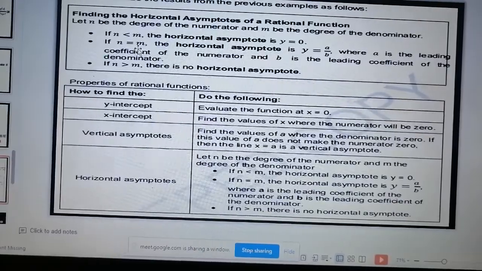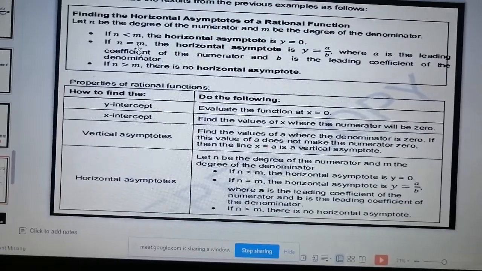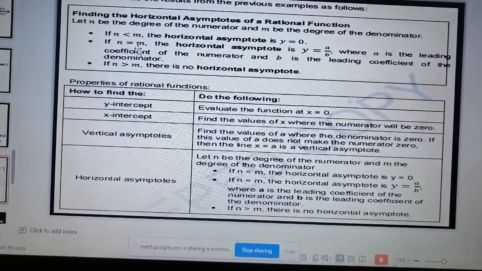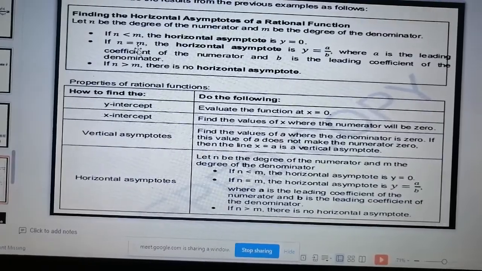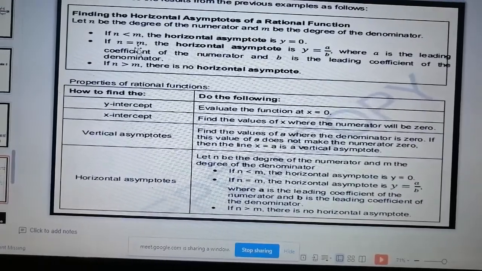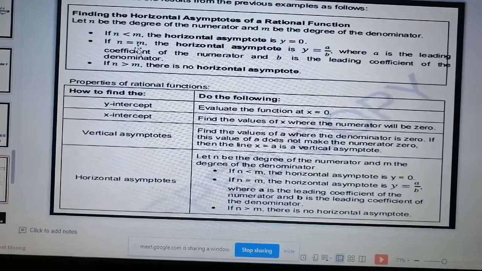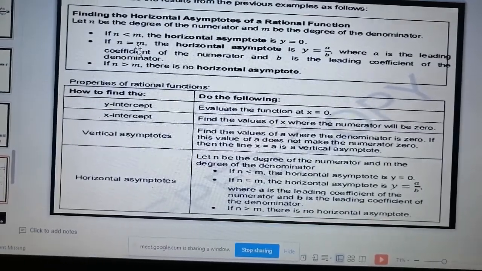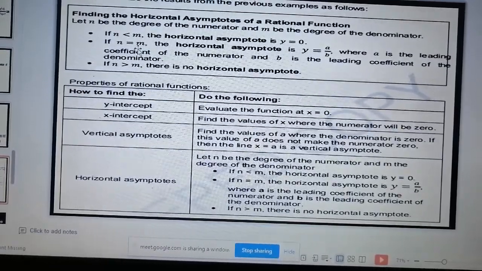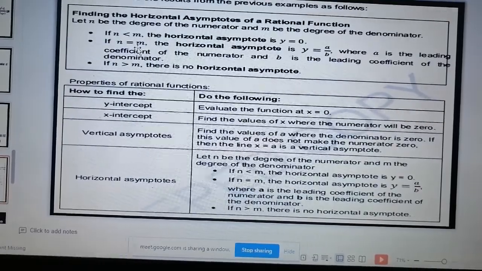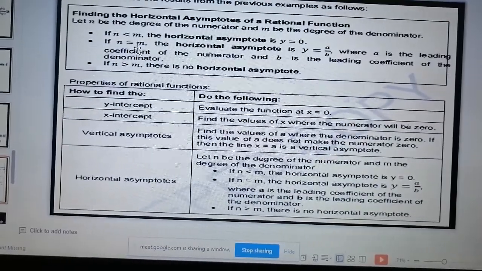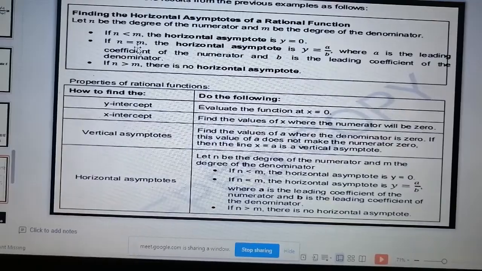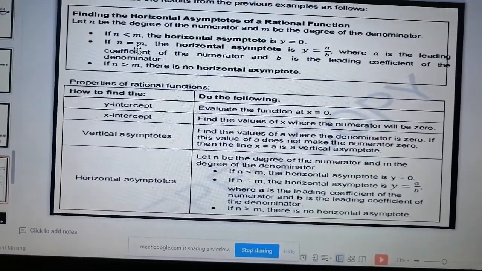Okay, we have properties of rational functions. How to find the y-intercept and x-intercept. Okay, ito yung kailangan gawin. Evaluate the function at x is equals to 0. Find the value of x where the numerator will be 0. Okay, kapag sinabi naman vertical asymptotes, find the values of a where the denominator is 0.